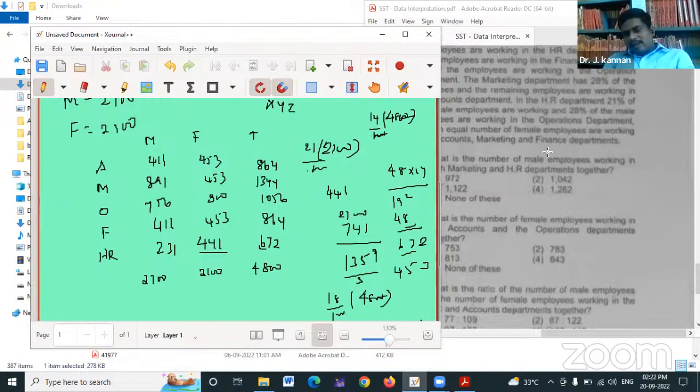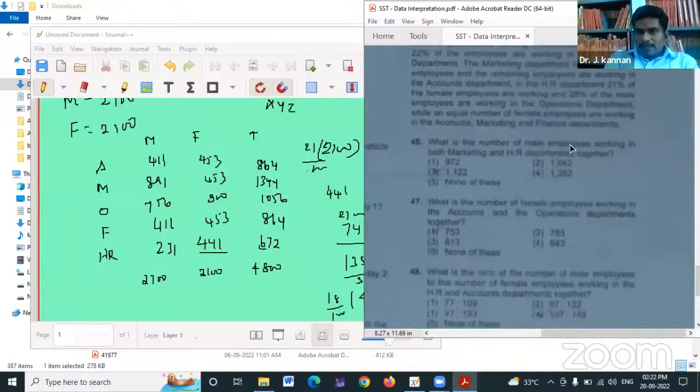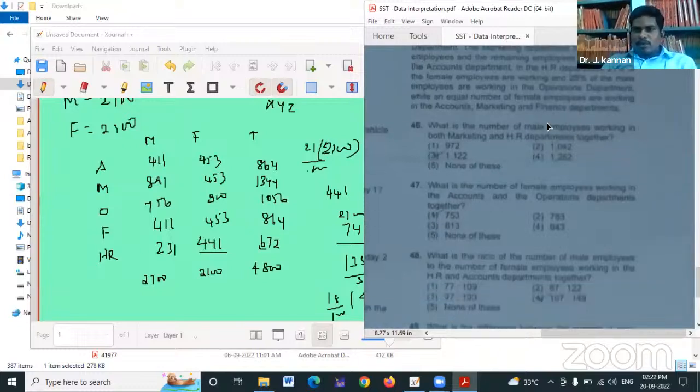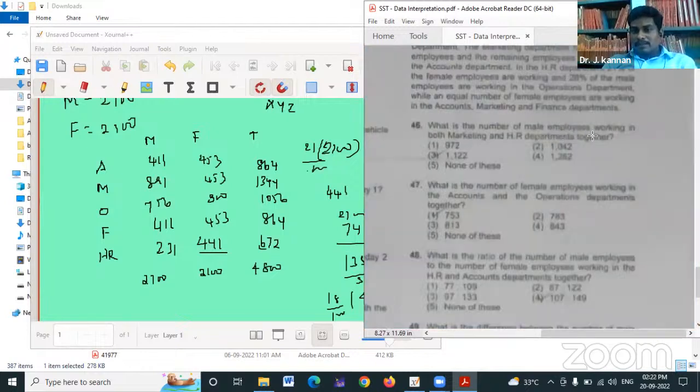Now the questions, reading the first one. What is the number of male employees working in both the marketing and HR departments? Marketing has 891 and the HR department has 231.